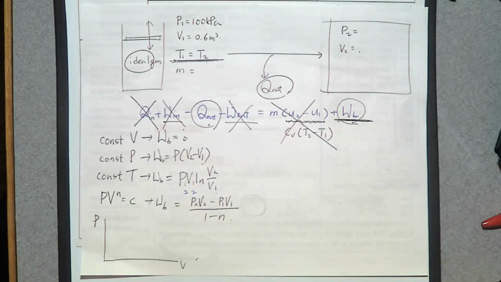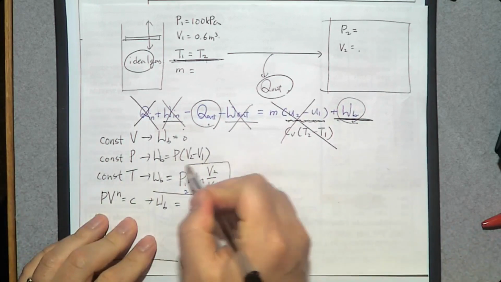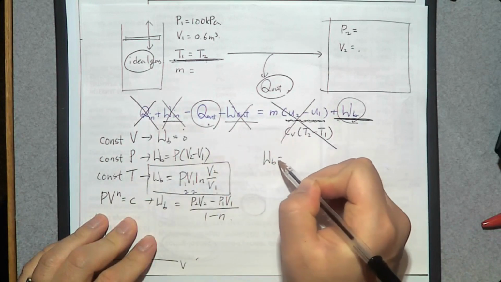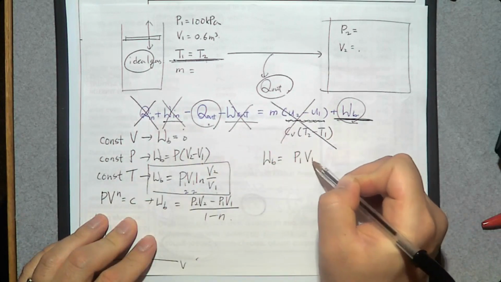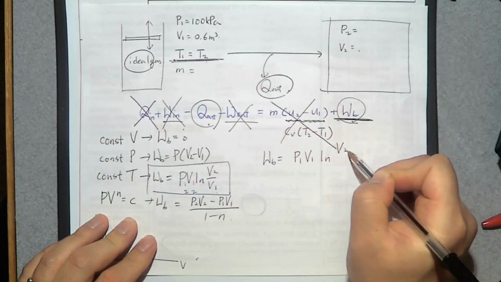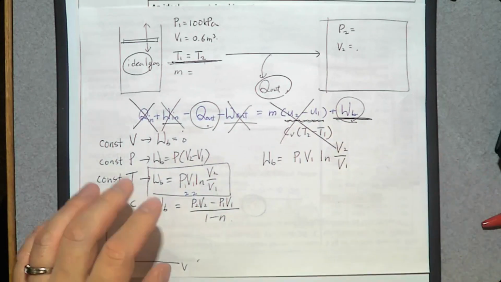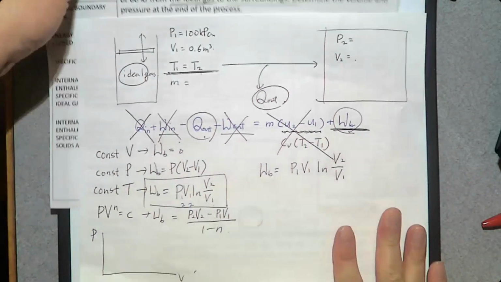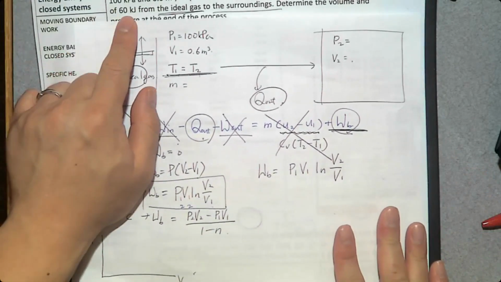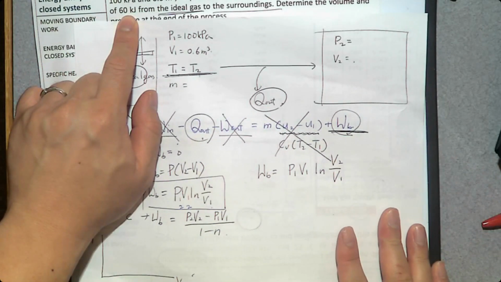So let's do that. We can use this equation. WB is P1 V1 natural log V2 over V1. And what is the amount of heat transfer? 60 kilojoules.